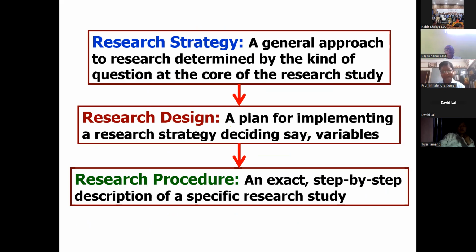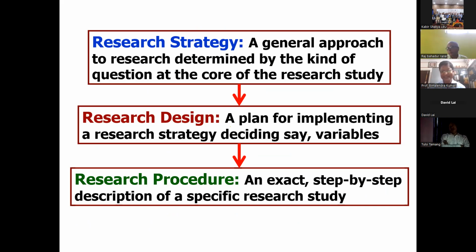Now we are coming to the research strategy. There are three aspects which are correlated with each other: research strategy, research design, and research procedure. These are the three things a research scholar registered for a PhD in Buddhist studies uses to make a research strategy.